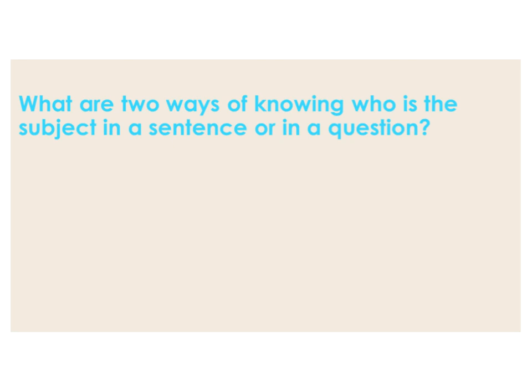Okay, wrapping up. What are 2 ways of knowing who is a subject in a sentence or in a question? So, what are 2 ways that we would write a verb or start off a sentence? I'm just waiting for you guys to respond to this question. This is the last question for the session.